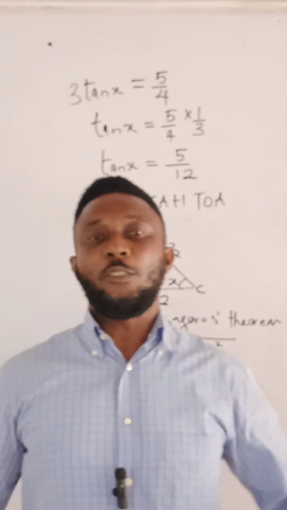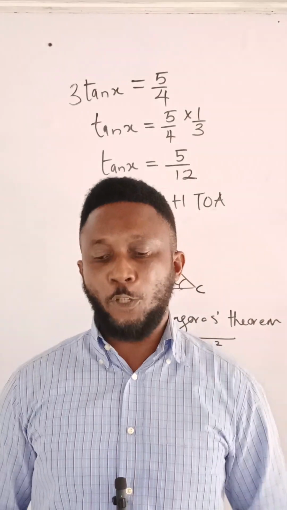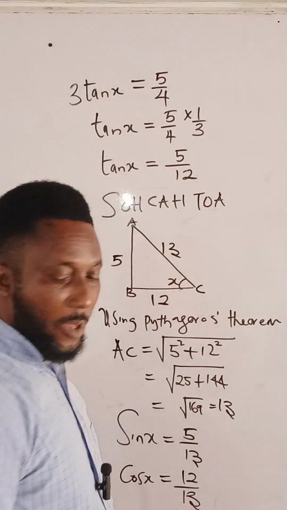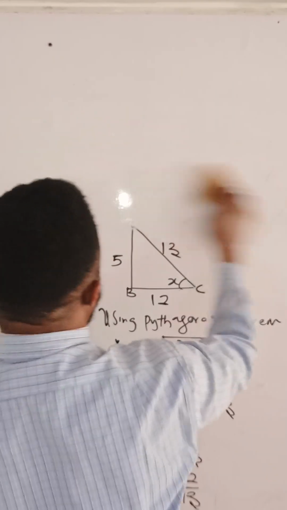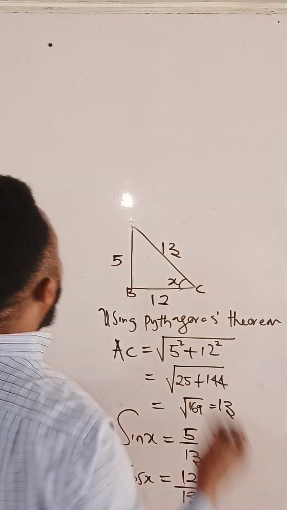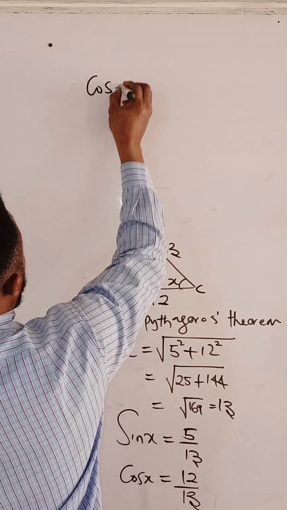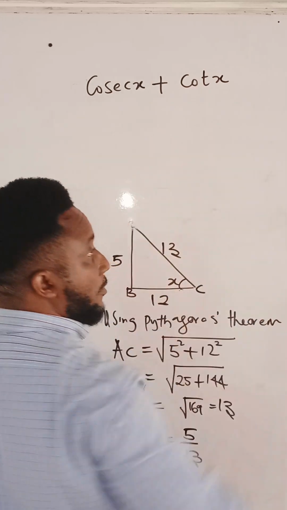Viewers, we are done. What is left is a function of what we call the inverse trig ratios. Now, we are asked to find, this is the end point of this problem, cosec x plus the cotangent of x.